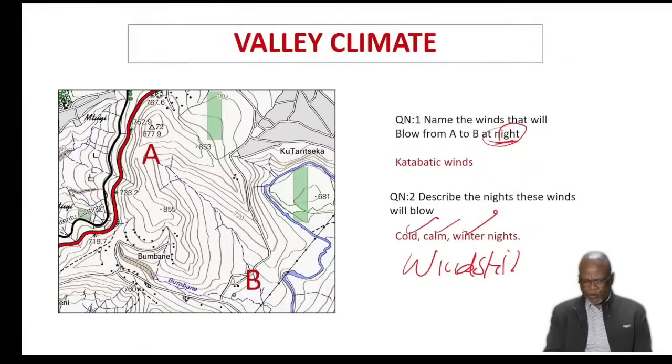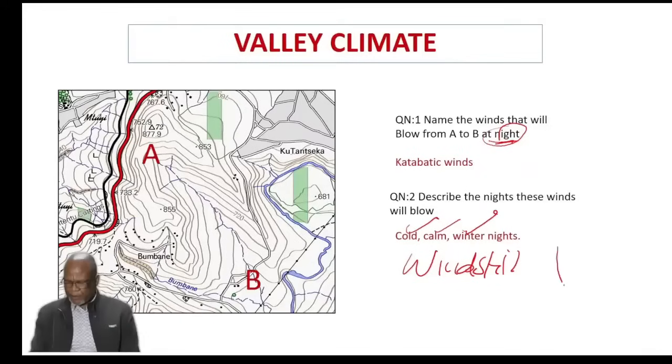So over here, you are going to have something like this. So this is your katabatic winds. So during which season do they form? They form during cold winter nights.